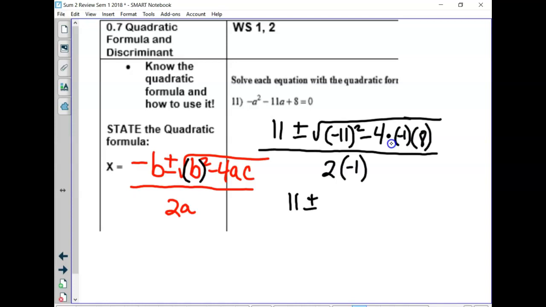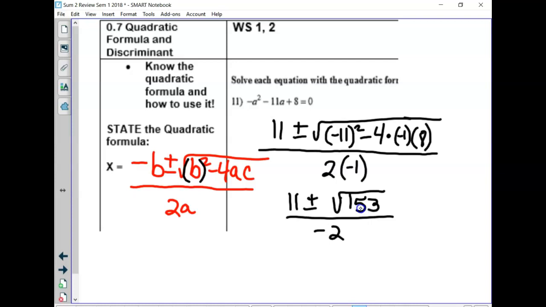the square root of 153 over negative 2. Is that going to simplify? This is 5 times what? 31? 31 is prime. It's not. What?